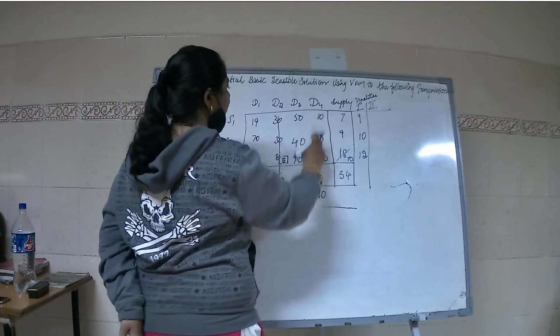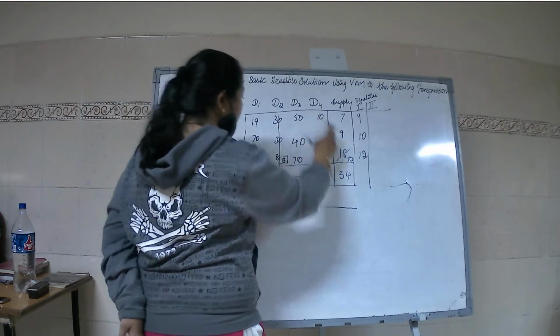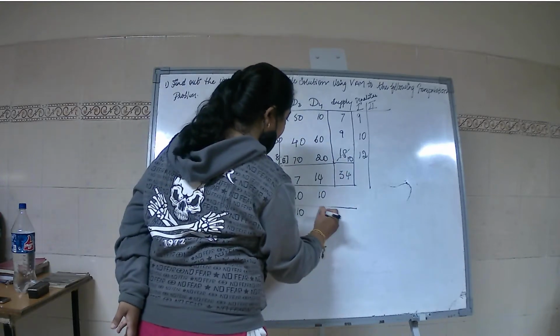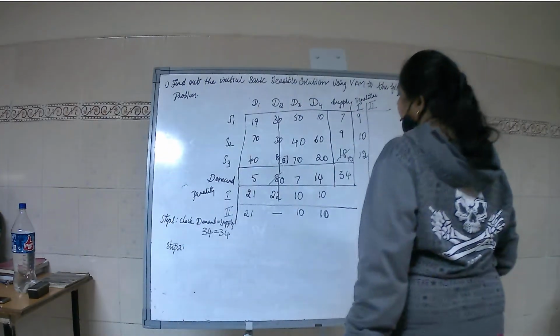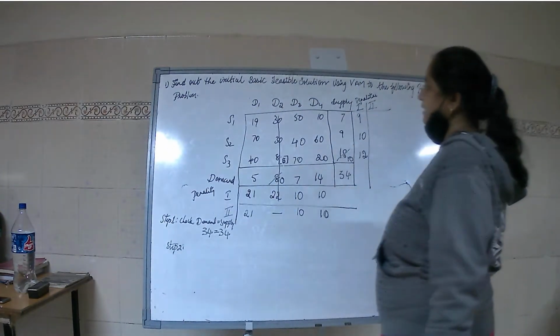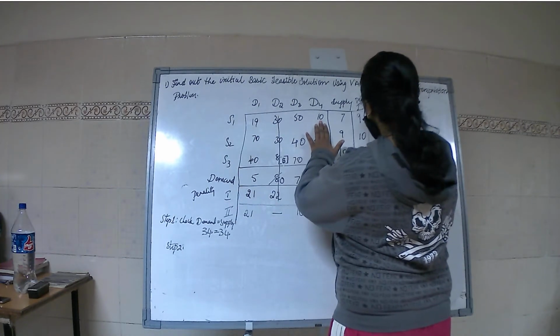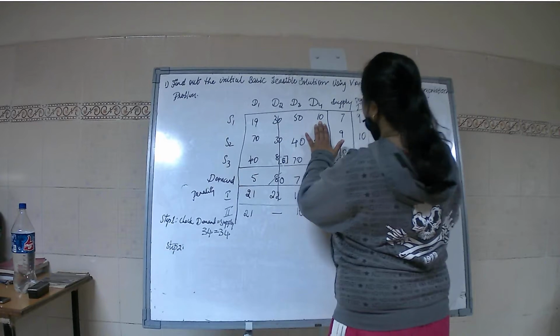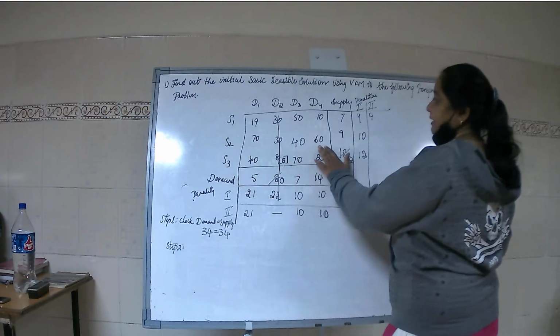Here also 10 and 20. 10 is minimum, the next minimum value is 20, so 20 minus 10, I'll get 10. Yes, students. Here again you need to calculate the row-wise penalties. So here it is 19 and 10 minimum, so I get the value as 9. Then next 40 and 60 here.